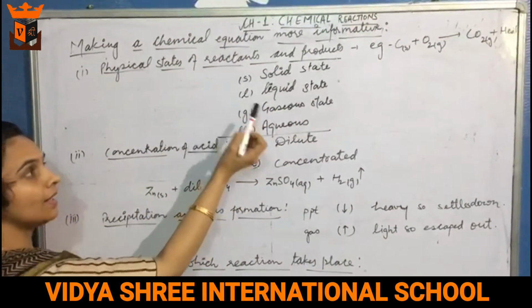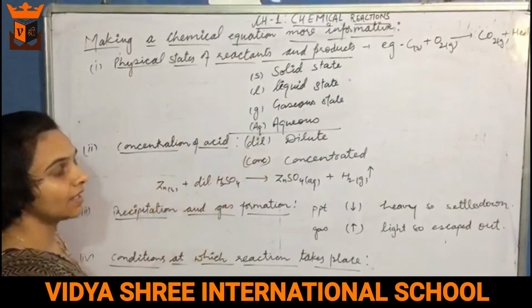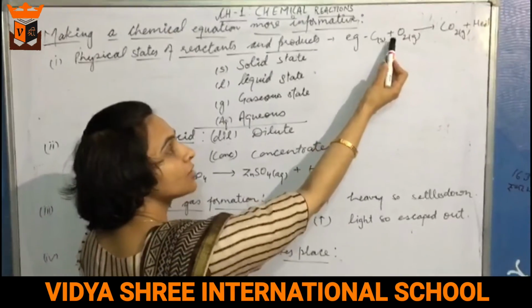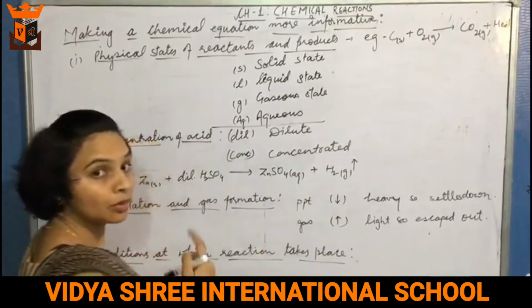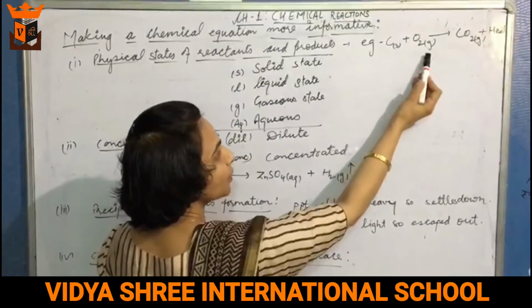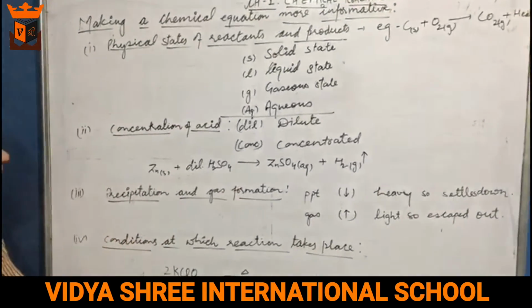Liquid state, then l. Gaseous state, then small g. If it is in aqueous state, then aq. For example, carbon in solid state is oxidized with oxygen gas to form carbon dioxide gas and heat. So, small s, small g, g are here to give some more information.